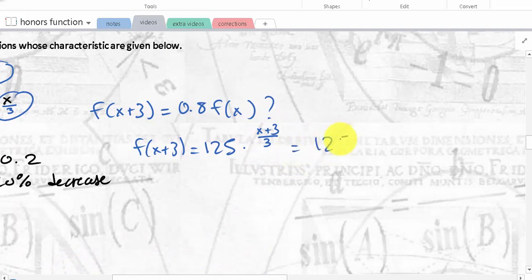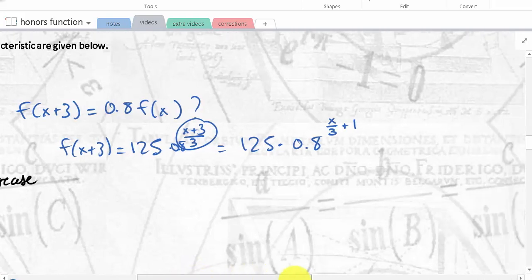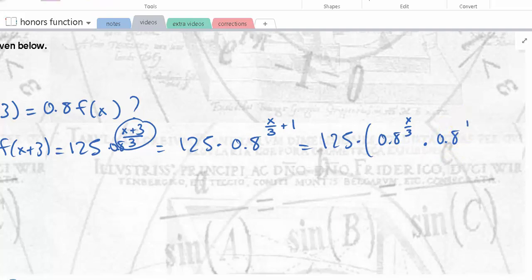This is 125 times, oh, I forgot my 0.8, sorry. 0.8 to the power of x over 3 plus 1, right? I'm breaking this fraction. So this is 125 times 0.8 to the power of x over 3 times 0.8 to the first power, but I don't write the first power right here.